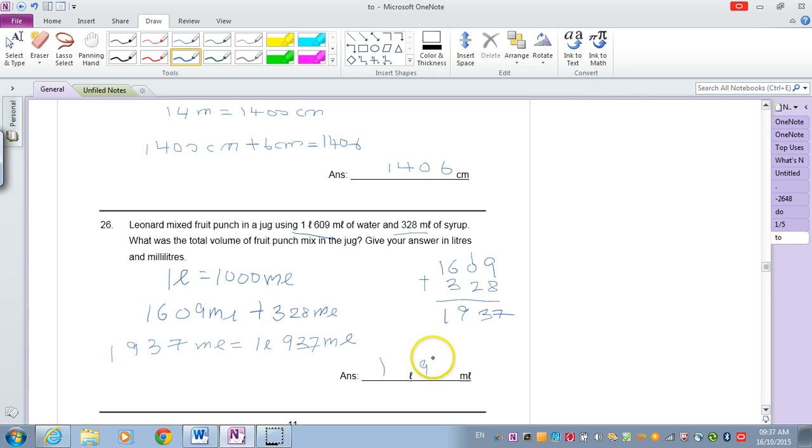So we have the answer, 1 liter 937 milliliters.